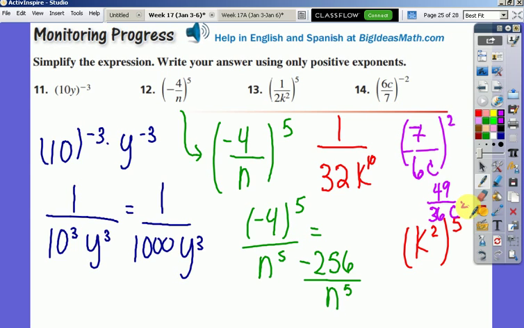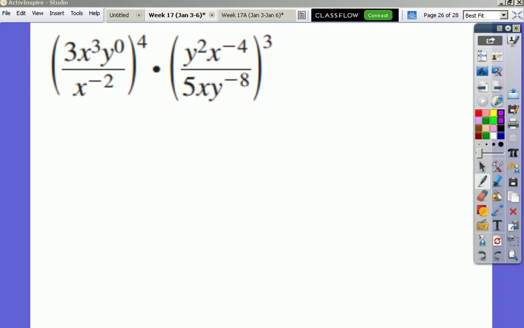Okay, nice. We're going to try something extremely challenging now. Alright, so we're going to approach this one parenthesis at a time. The first thing we want to do is get rid of our negative exponent, so what are we going to do with the x to the negative 2? Move it towards the top.